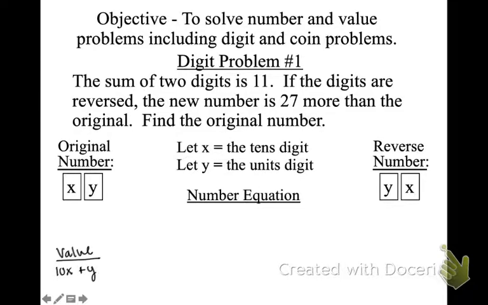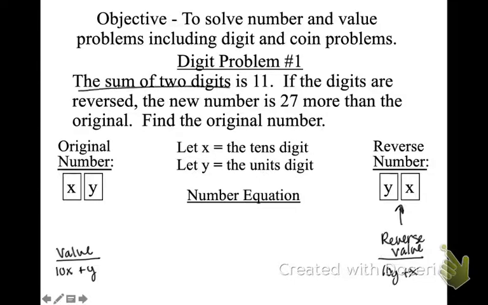And if I reverse it, the value of that would be 10 times y plus x. You're writing everything I'm writing. Now we're ready to start.